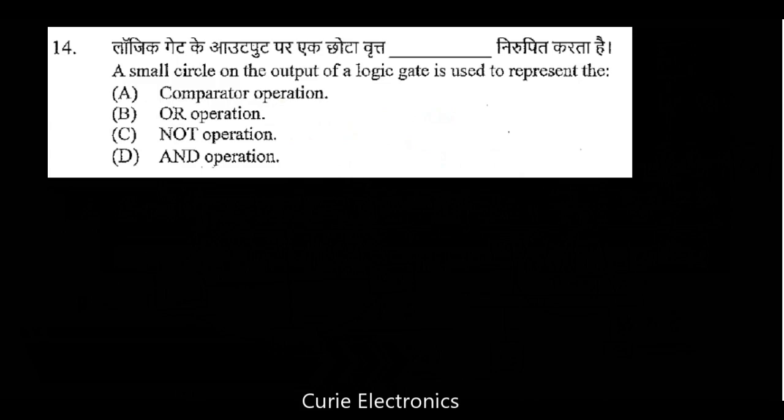A small circle on the output of a logic gate is used to represent a NOT operation. So if we have an OR gate and add this NOT operation, it becomes a NOR gate. So this bubble is the NOT operation.